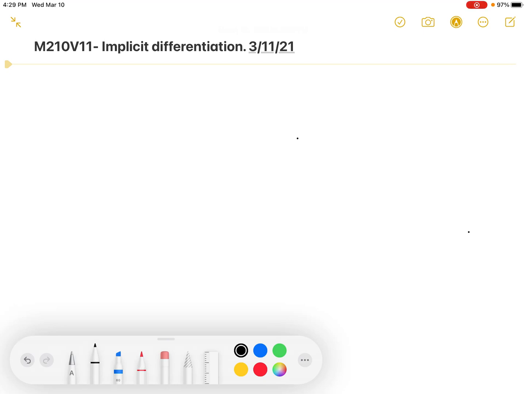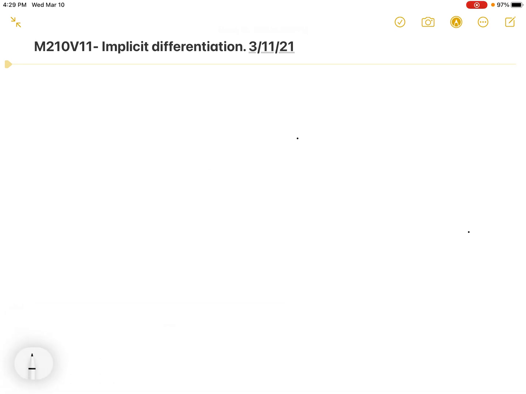So here we go. This is called implicit differentiation. Let's do some. I'm going to make a note here. Normally I recall stuff from the past, but I'm not sure you've learned this, so let's just note this. This is a definition.